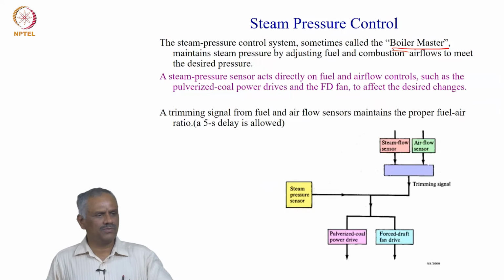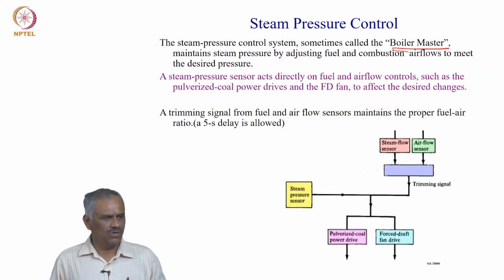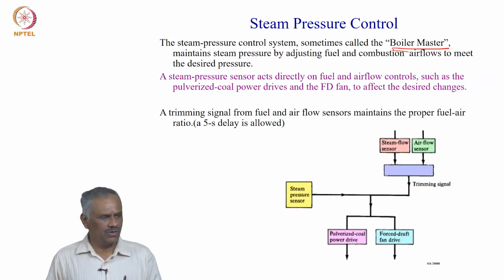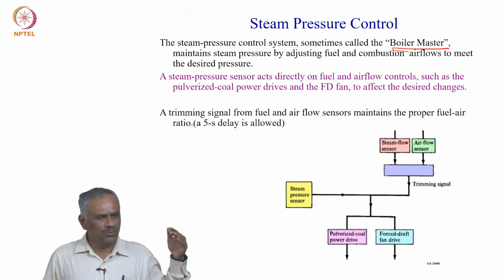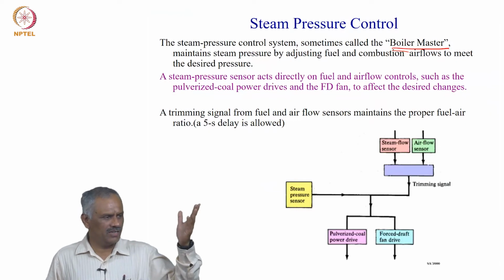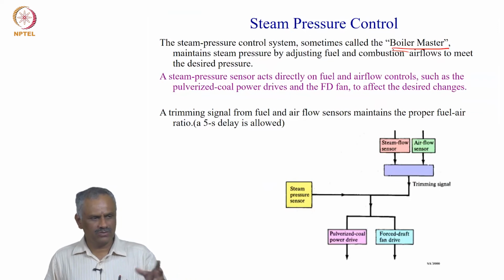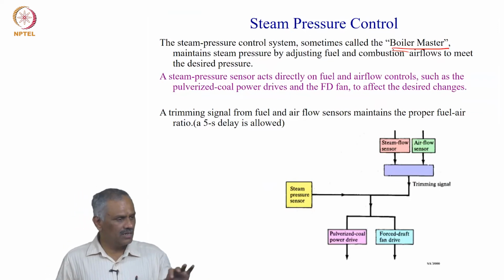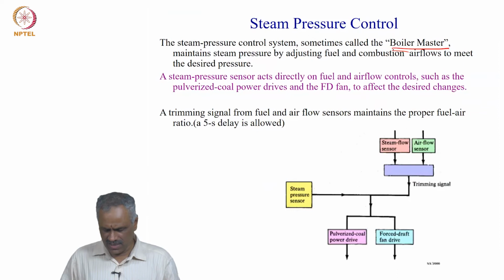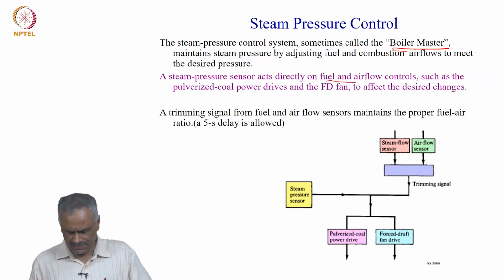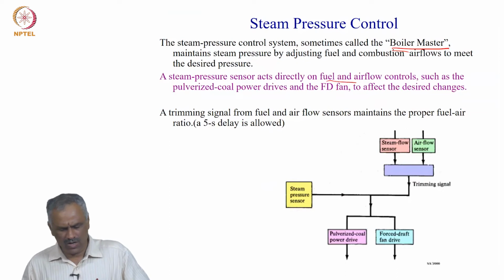The combustion level comes down, so the overall input to the boiler comes down. This is called gas recirculation. If you put air, you will have better combustion; if you put gas, it is already flue gas, so the combustion is reduced. All these are control methods here.